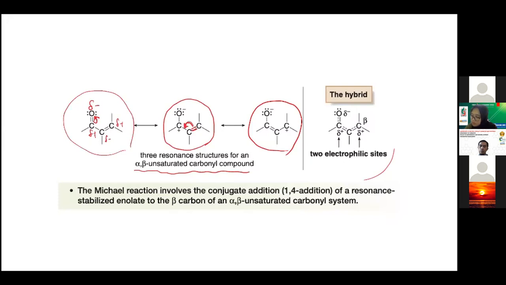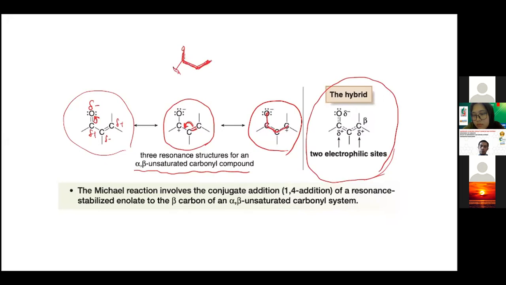We have to think of this alpha, beta unsaturated carbonyl compound as a hybrid like this, because the electron is moving across the carbon and oxygen atoms. We conventionally write it like this, but the electron is always moving here.